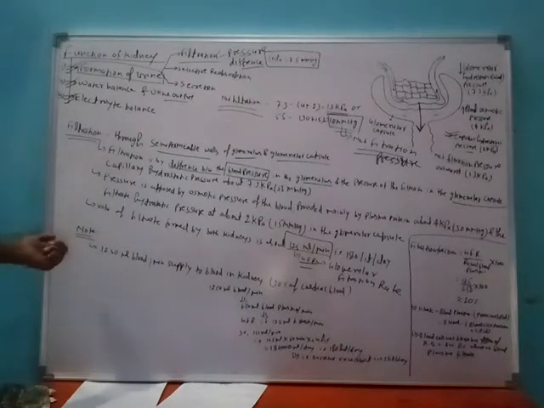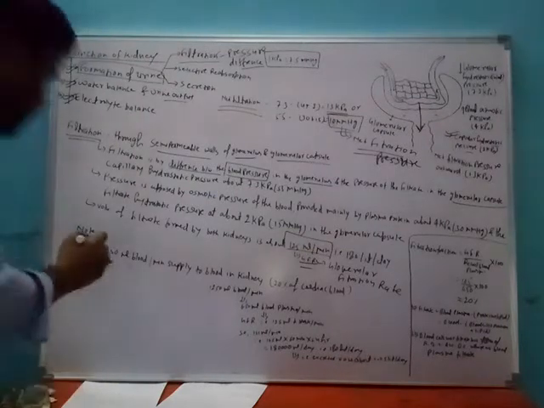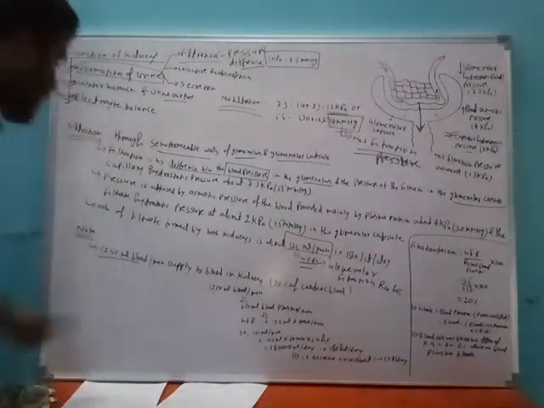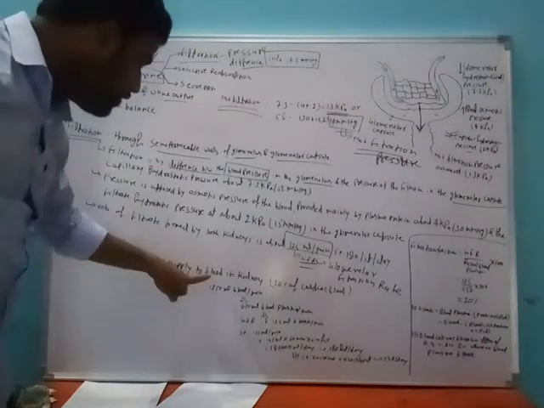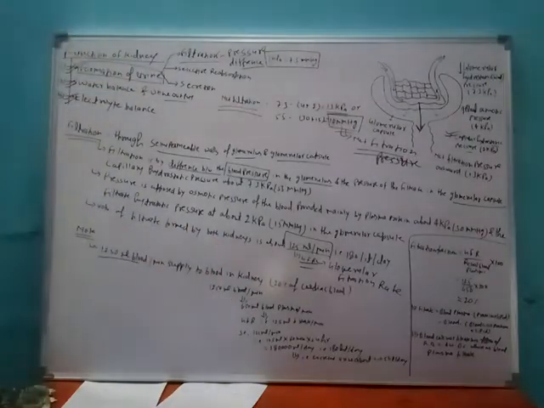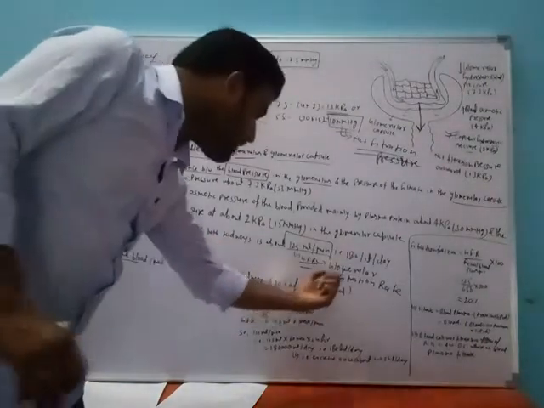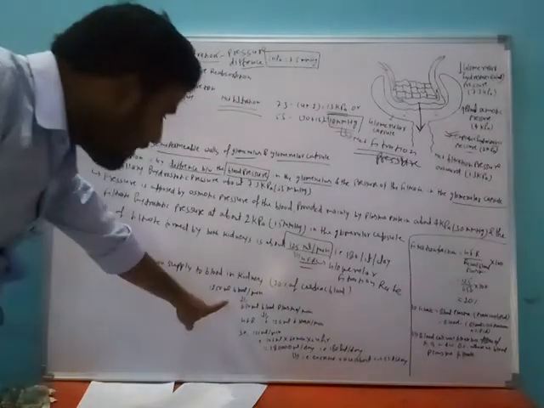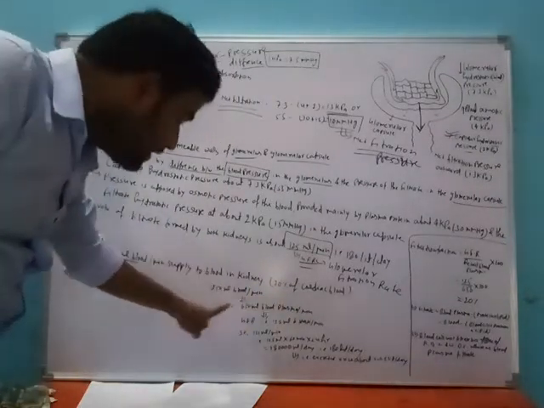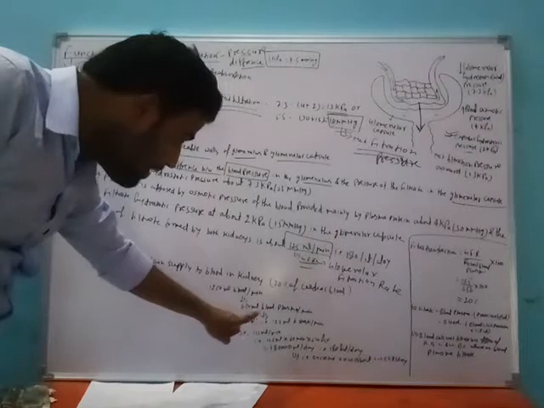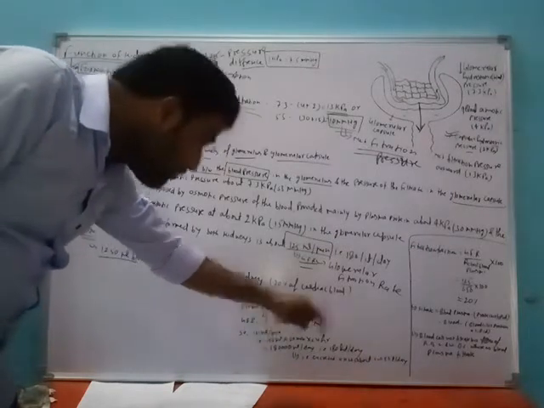Some notes: 125 ml of blood per minute is supplied to the kidney, that is 20% of the cardiac output. That is 650 ml of blood plasma per minute.